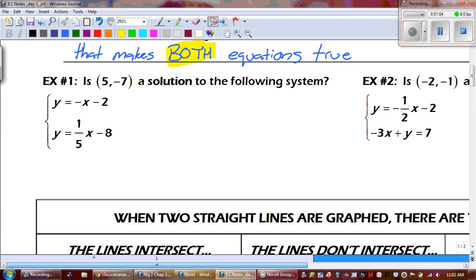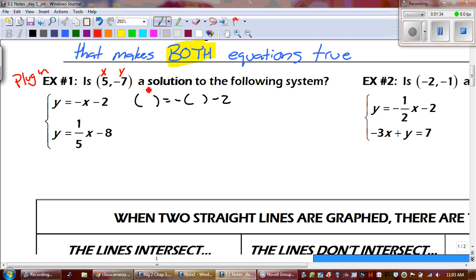All right. So example 1, is (5, -7) a solution to the following system? What that is pretty much telling us to do is plug in. Remember that this is your x and this is your y. So in our first equation, wherever we plug in, I'm just going to put parentheses.